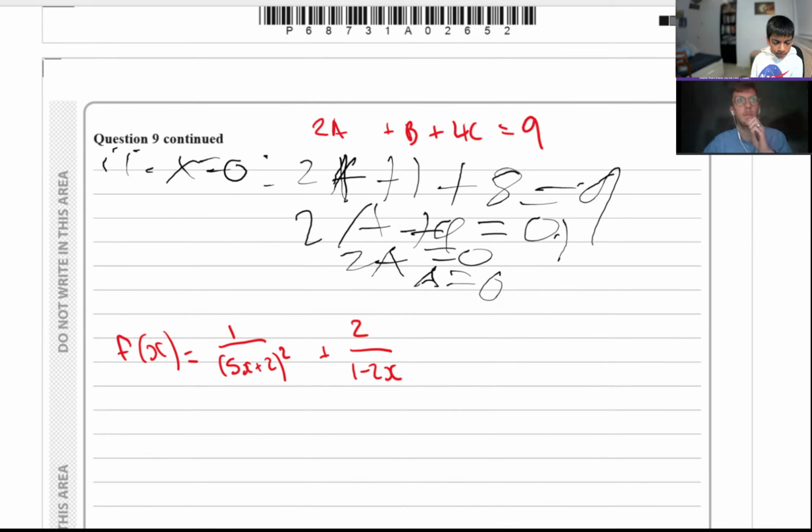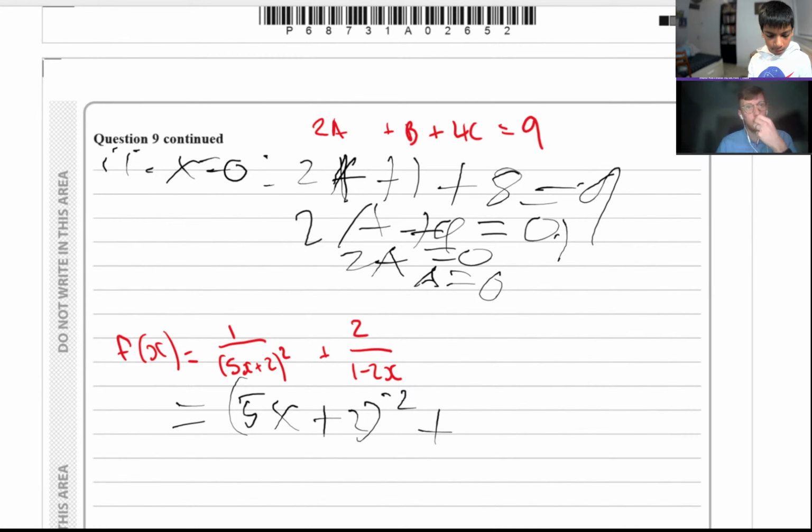So that's what we found in part A. So now we need to find the binomial expansion of that. That's the same as 5x plus 2 to the power of minus 2 plus 1 minus 2x to the power of minus 1.